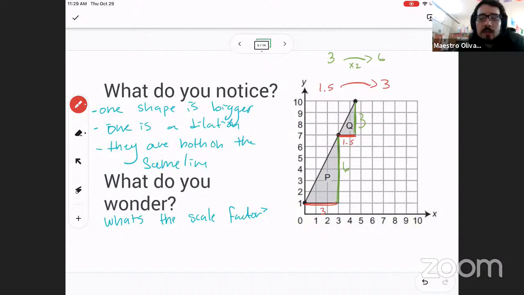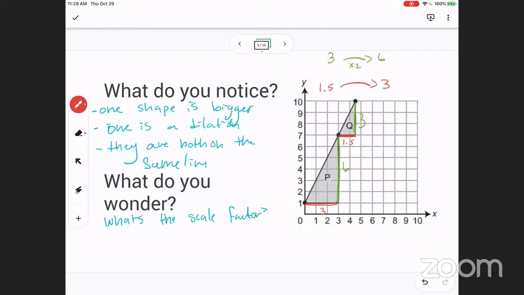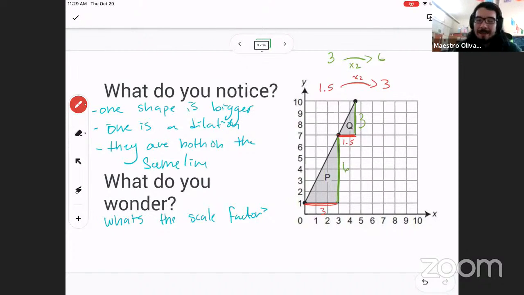Okay. I think what you meant by multiplying is if you add them, right? Since we're doubling them. Yeah, my bad. No, I made the same mistake yesterday. You're doubling it, right? So you're basically adding 1.5 to itself. So the scale factor here is 2. It's twice as big.